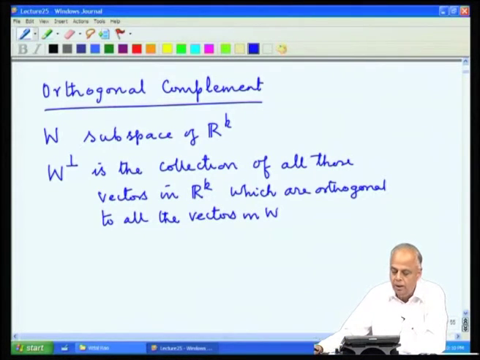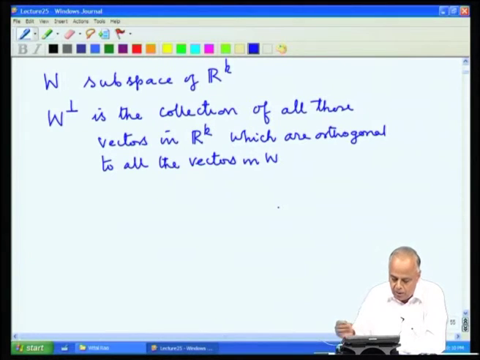Orthogonality is given by the fact that the inner product is 0.